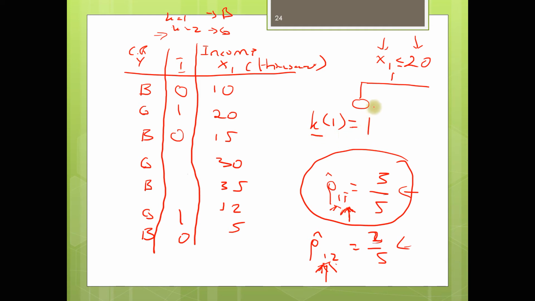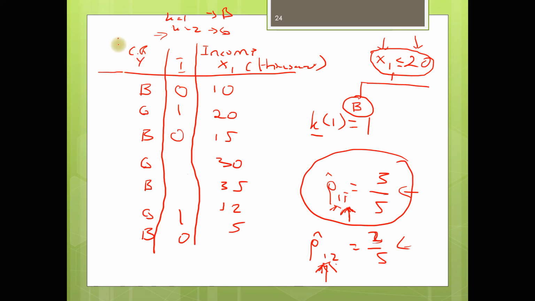So if we have to predict, what does this mean? It means that if you were to predict or to classify records for people who are having an income less than 20,000, we should classify them according to 1. 1 means bad. This is what it is telling us. It is telling us that k1 equal to 1 for that particular region means, in other words, we are classifying all the records as 1.